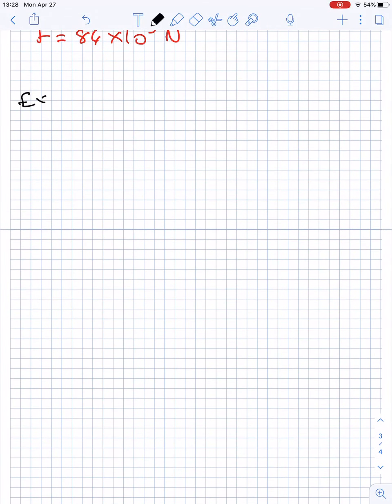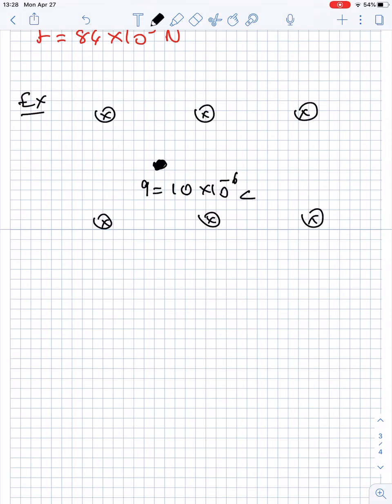Next example. In another magnetic field, with direction into the page, we have a charge. Q is equal to 10 times 10 to the power minus 6 coulomb. My charge is moving in the magnetic field with a velocity of 5 meter per second, and the magnetic field is equal to 2 Tesla.